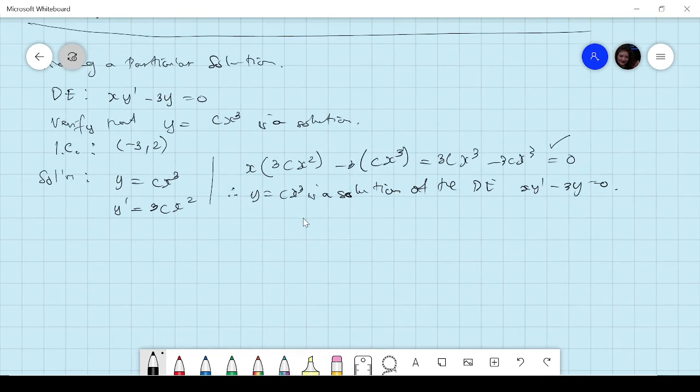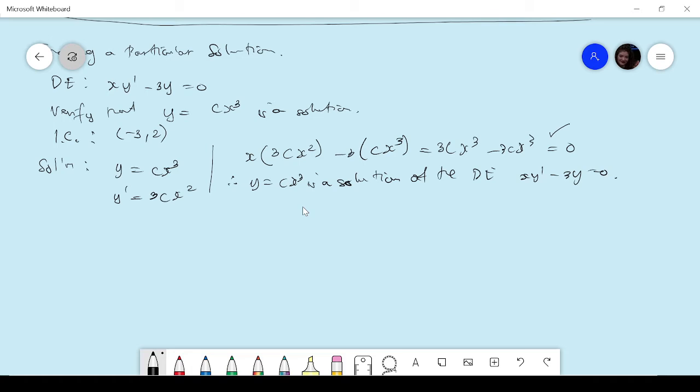Okay, then find a particular solution given the initial condition (-3, 2). So this is when x is equal to negative 3, y is equal to 2. How do we do that one? We're going to use our general solution. At (-3, 2), we have 2 equals c times (-3) cubed.